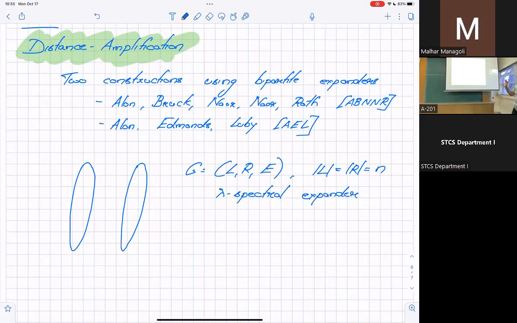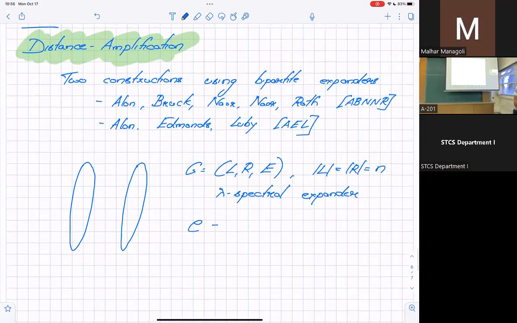So we're going to work with a lambda spectral expander, and we're going to have a code C, a subset of {0,1}^n. Its block length is n.